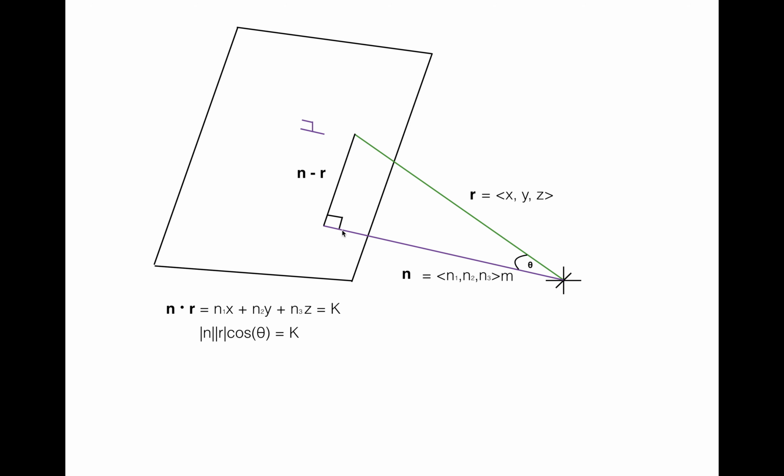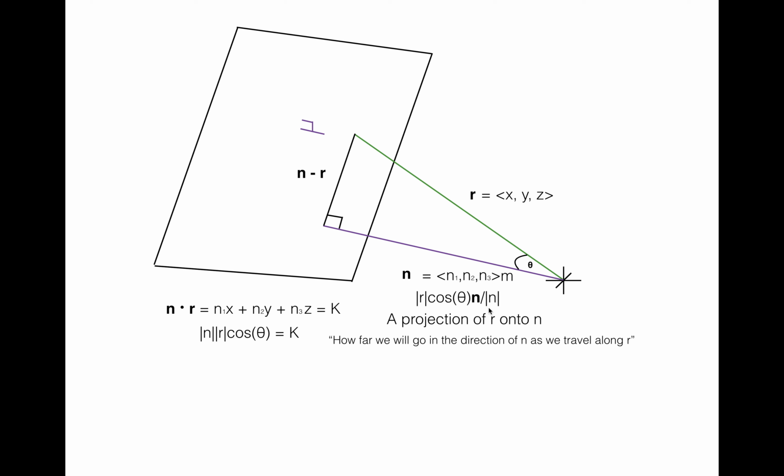They form a right triangle, which means we can use trigonometry to define this total distance that we went along the normal vector to reach the plane, which would be exactly the magnitude of r times cosine of theta. So from there, if we multiply this by n's unit vector, which is just n divided by the magnitude of itself, we will reach the plane. This is what is called a projection of r onto n, the magnitude of r times cosine of theta times n's unit vector.